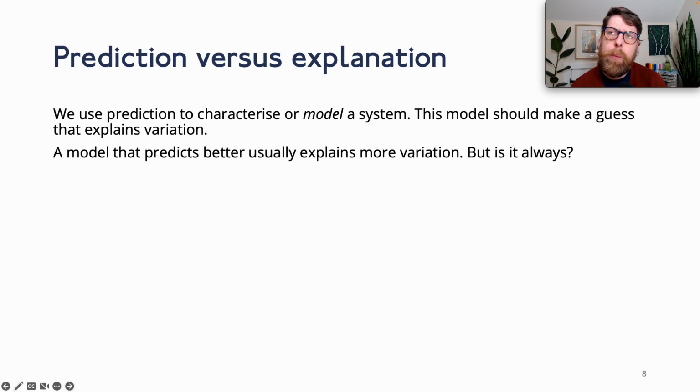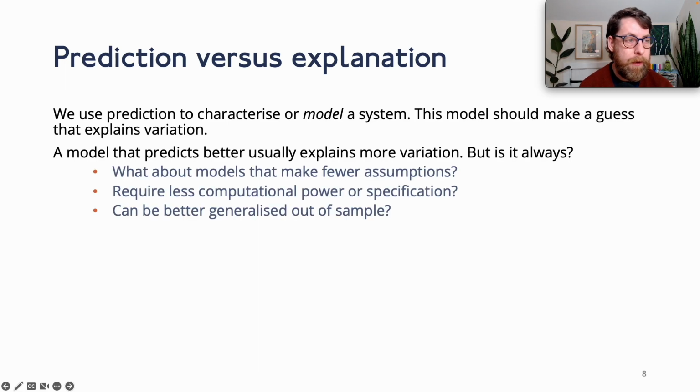Now, we might think then that more data is always good. And it is the case that more data is usually good and sometimes useful, but it's not that more data is always good, and a more accurate prediction model isn't always the best goal of research, even if the goal of doing better prediction is to explain more variation.